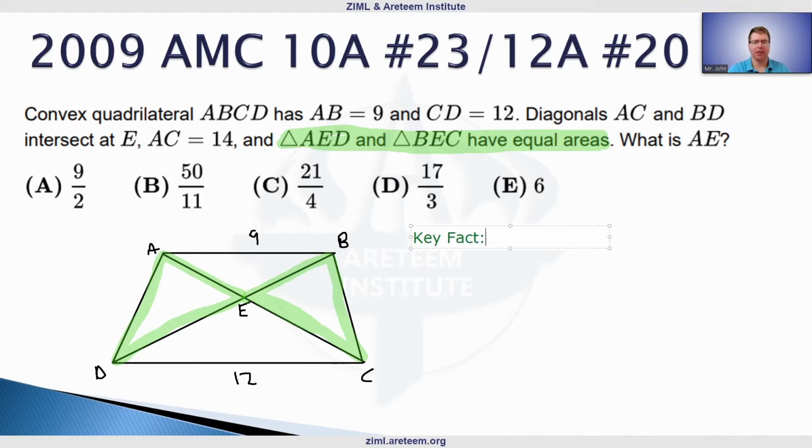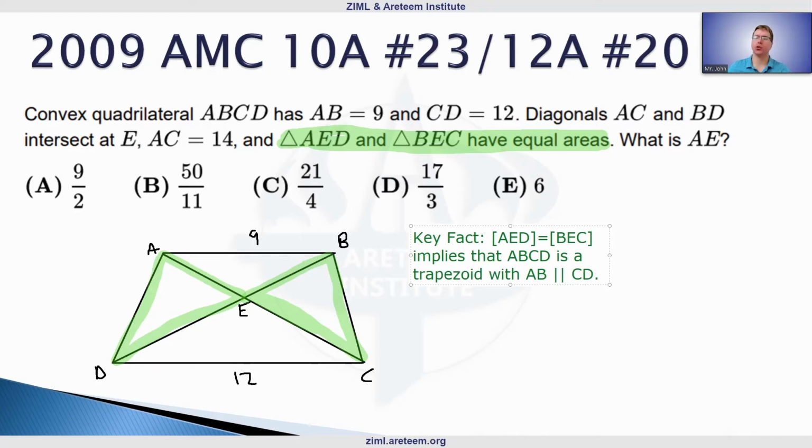So our key fact is that the areas are equal. So I'm going to use square brackets here. This implies that ABCD is a trapezoid, with AB parallel to CD, right?